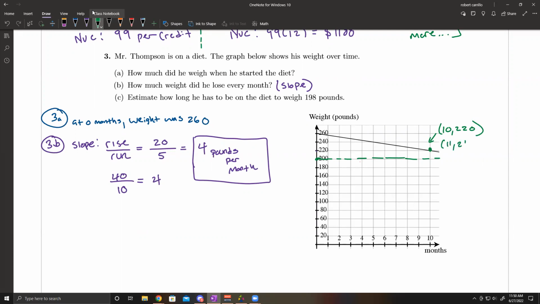So 11 months, 216, 12 months, 212, 13 months, he'll be at 208. So all I'm doing here is subtracting 4 every time because he is losing 4 pounds per month.